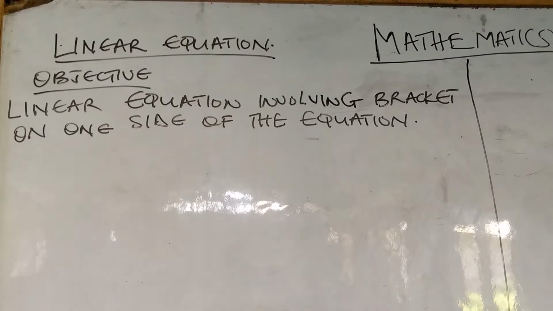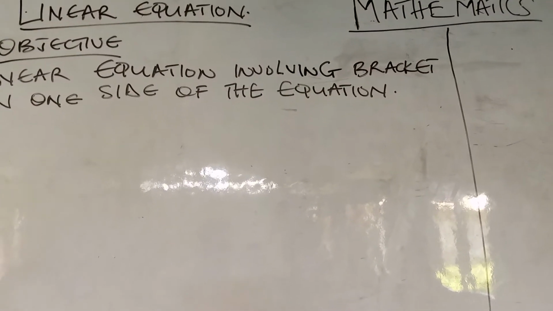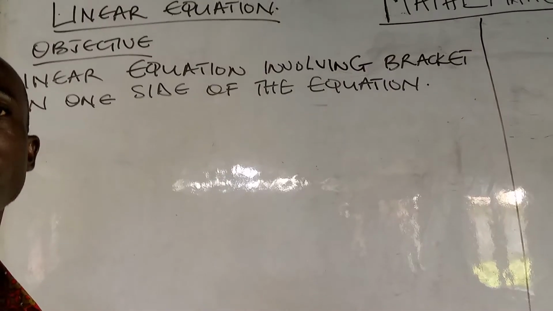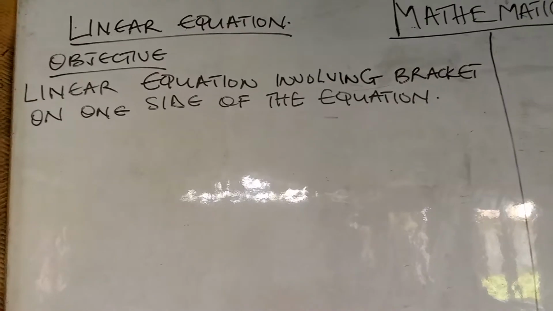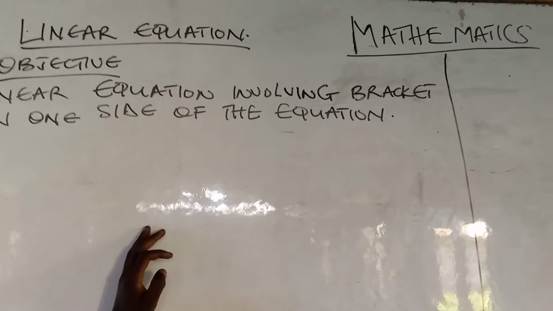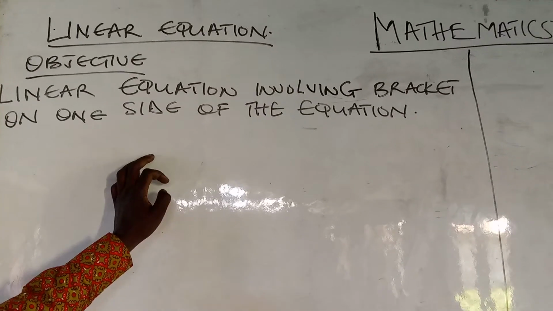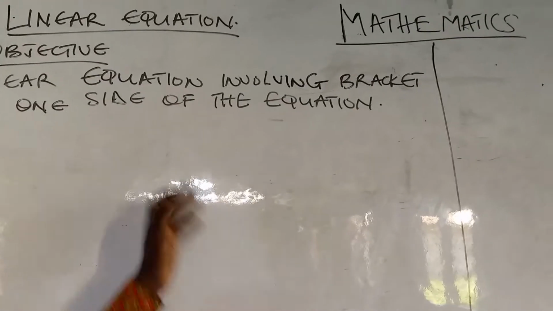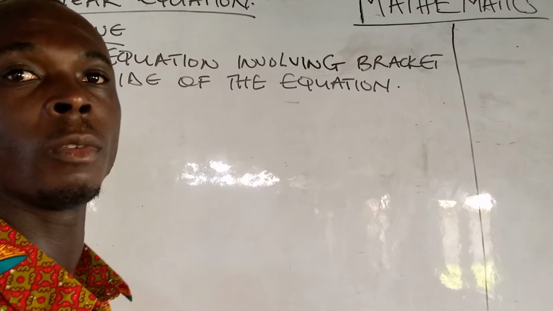One, linear equation involving bracket on one side of the equation. This means at one side of the equation you will see a bracket, at one side you won't see what? Bracket. That's this type.